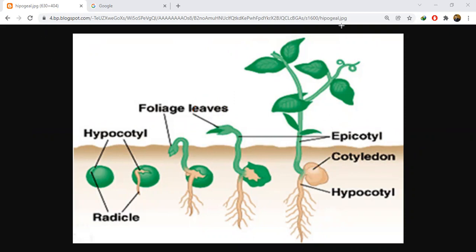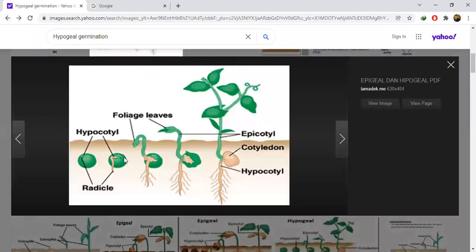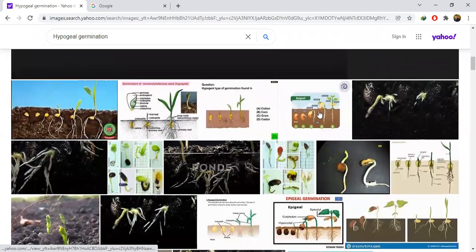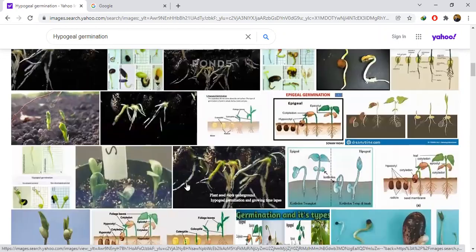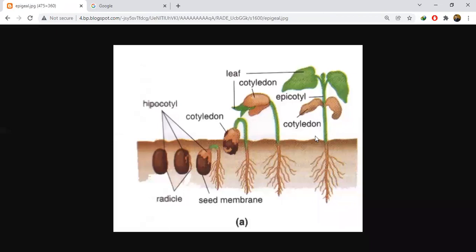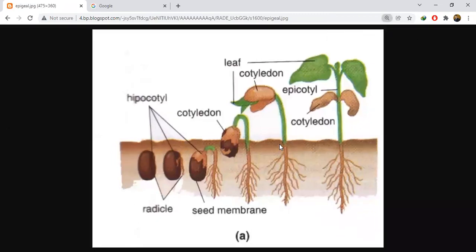So the point is, if the cotyledons are coming out of the soil, I'm looking for a good picture. If the cotyledons are coming out of the soil, this is the picture, it will be hypogeal germination.